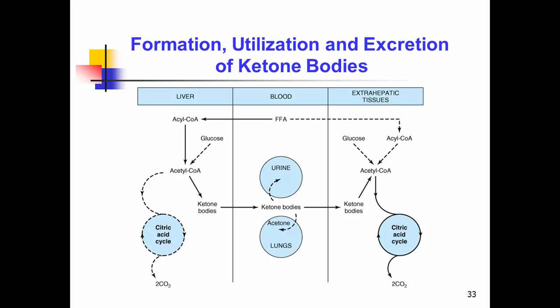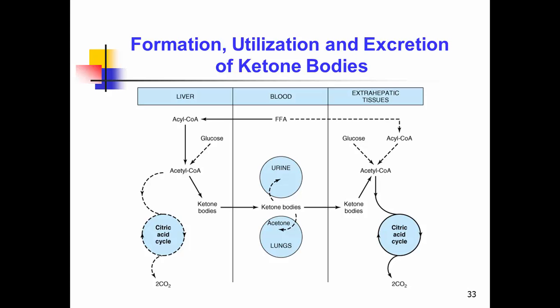So in starvation, this pathway is highly activated. Once ketone bodies are synthesized in the liver and released into the circulation, some can be excreted through the urine, or converted to acetone and excreted through the lungs. And for utilization, lots of other tissues can utilize ketone bodies, including brain, skeletal muscle, heart, and kidney. These so-called extrahepatic tissues utilize ketone bodies.